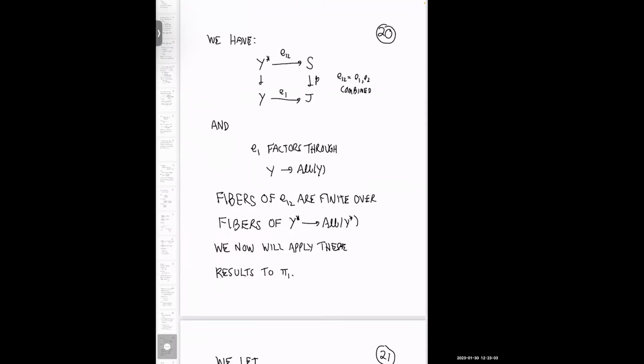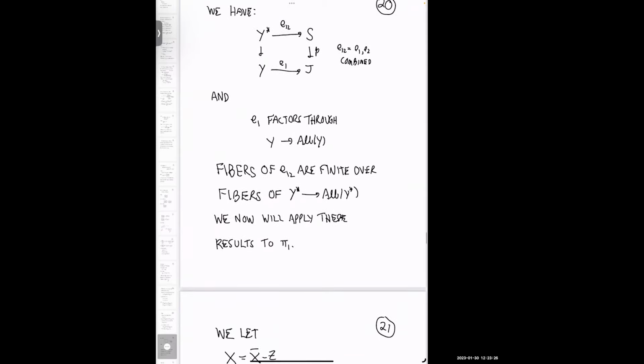And if you look at the fibers of the map to the Albanese, those are mapping to E2 information, these direct sum of C stars. And that map is given by integrating logarithmic differentials.